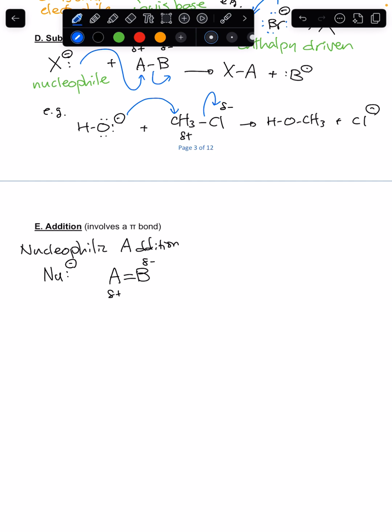Then what can happen is this could add here like so. And this is aided by the fact that B wants more electrons anyway because it's electronegative. Then you would have this situation, and B gains an extra lone pair. So that would be called a nucleophilic addition.